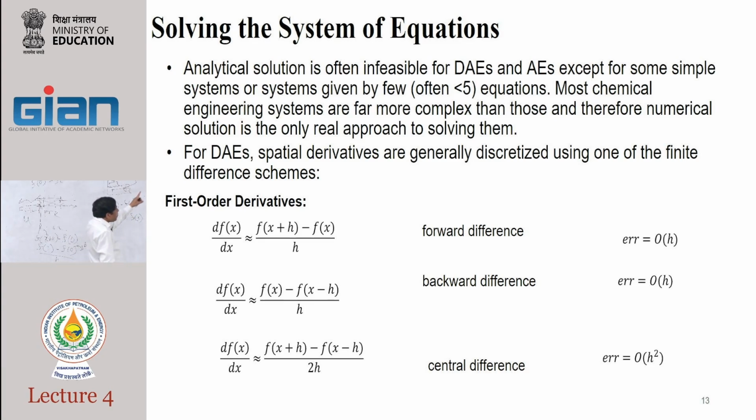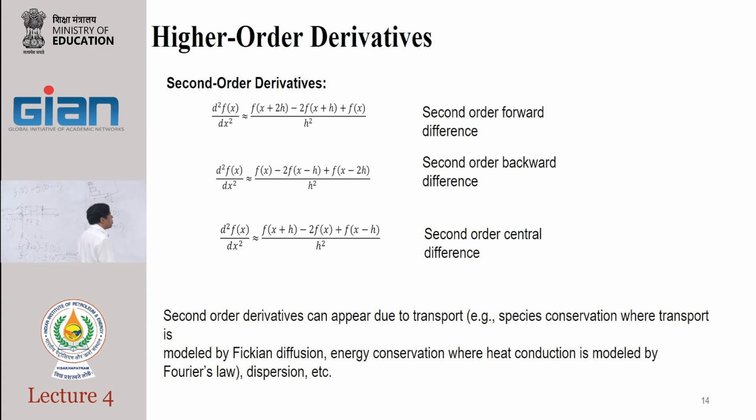Now, the second order derivatives work the same way. You can do second order forward difference, second order backward difference, and the central difference. These appear, as you will see, when you are doing Fickian diffusion, which appears for molecular species transport within the solid.